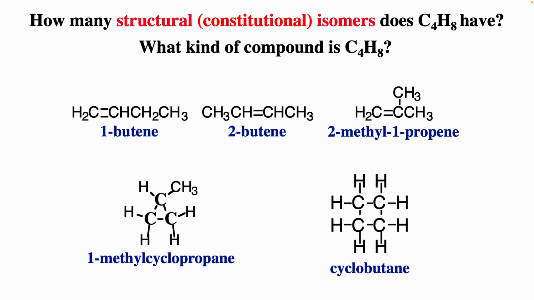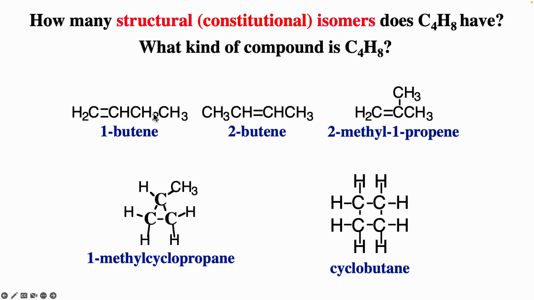We could also ask about C4H8. Now, C4H8, that's CnH2n. And so I mentioned that for that type of formula, you'd have one double bond or you could have a cyclic group. And so you can imagine the 4 carbons in a row, the double bond here or here. Double bond here is the same as it being there.